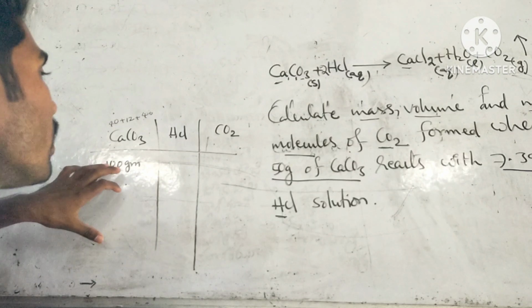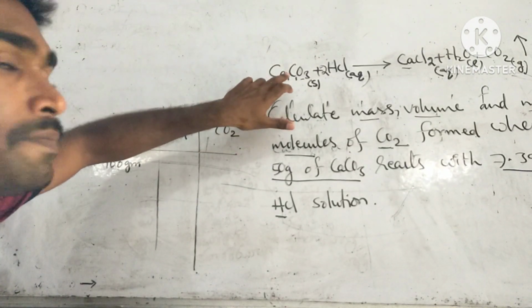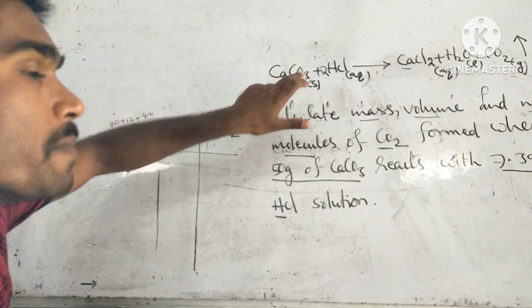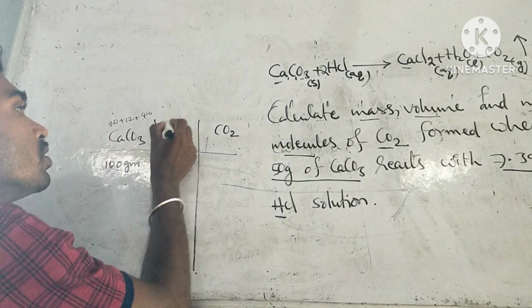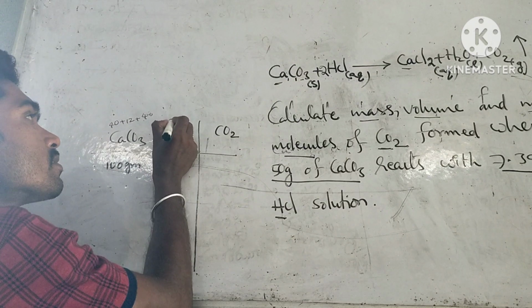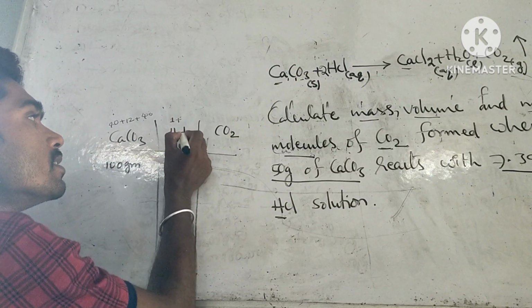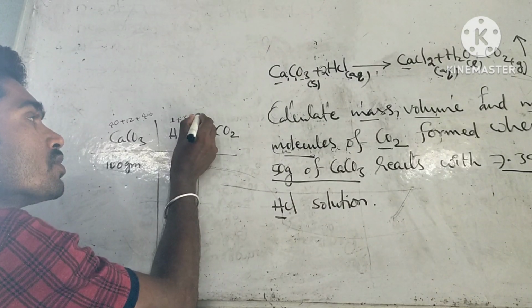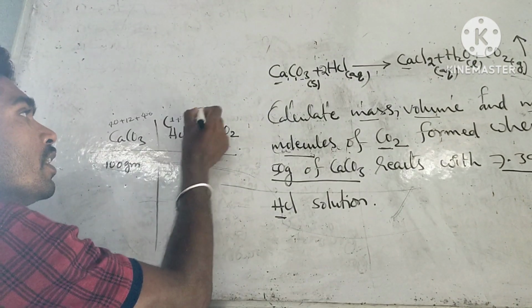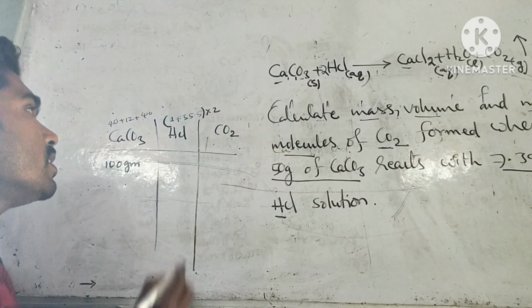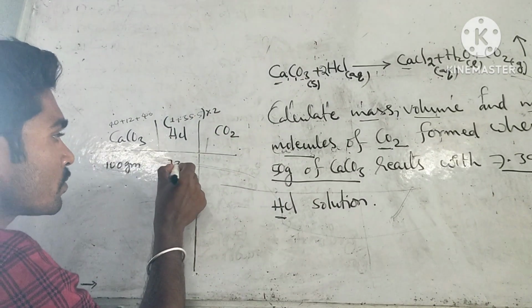So when we take 100 grams of calcium carbonate in this balanced chemical equation, how much amount of HCl are we taking? So 1 for H plus 35.5 for chlorine, 35.5 plus 1 is 36.5, into 2, it becomes 73 grams.